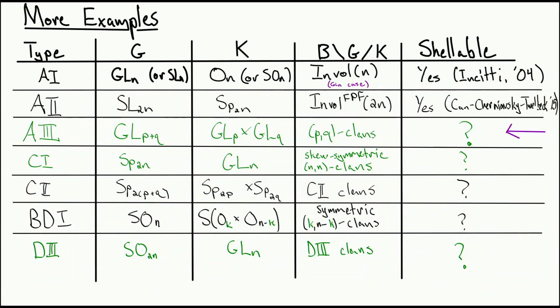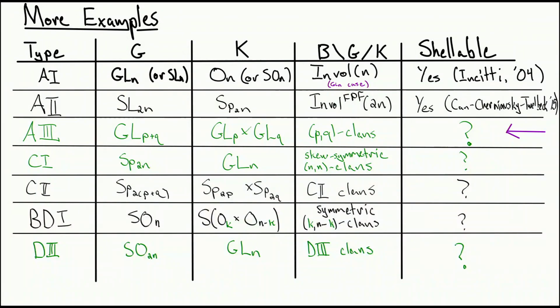And so, just going down the list, the next case to check out would be this A3 case, GL_{p+q} mod GL_p cross GL_q, in which case the orbit set is the set of pq-clans that showed up in Anna Wigant's talk. So we don't know shellability for anything after these first 2 cases yet, but this seems like the next place to go.